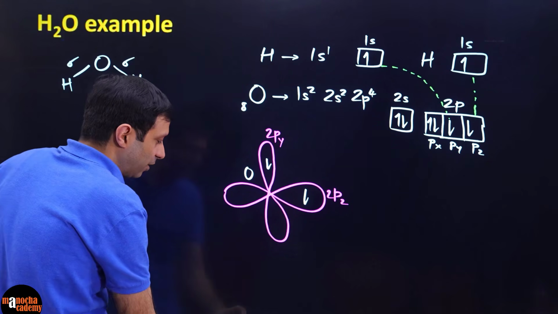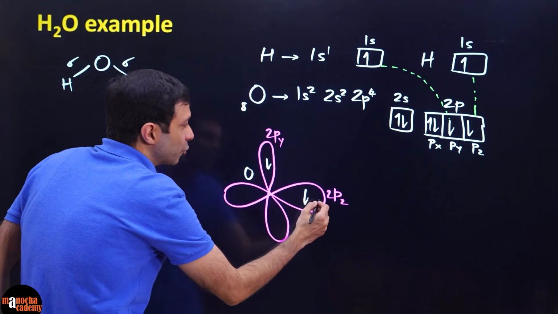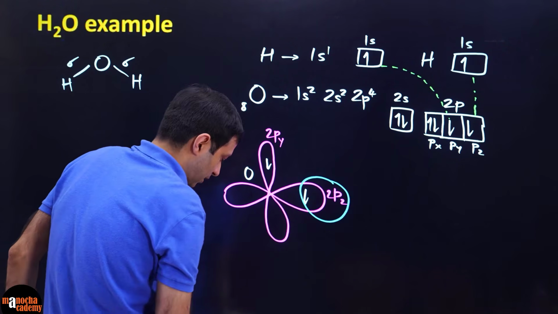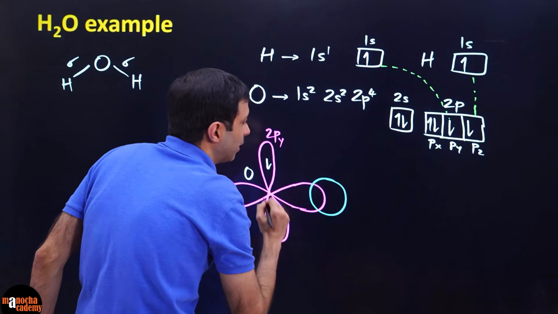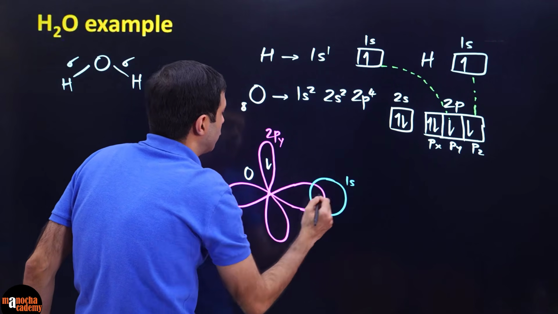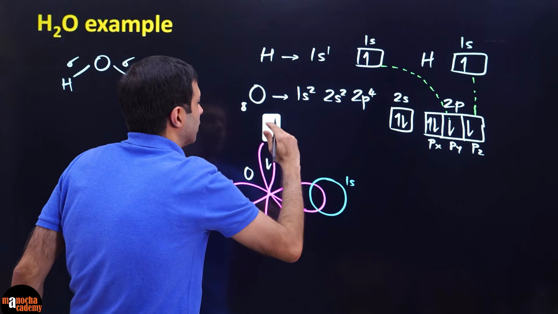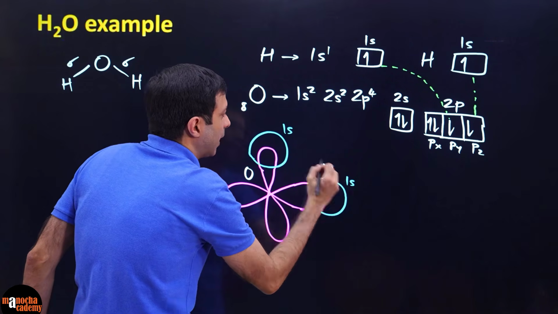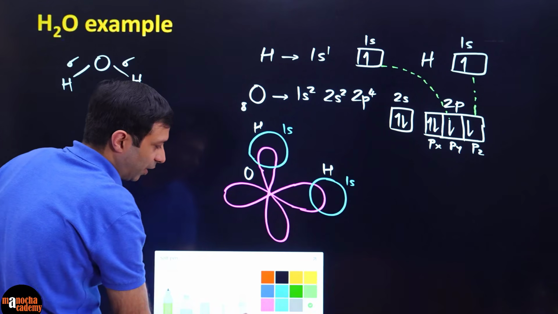So what will you do over here? 1s is spherical. So you're going to bring this spherical orbital here like this. We're going to overlap this with the 1s orbital of hydrogen, and another 1s over here. So these are the orbitals of the hydrogen atoms, and let's fill in the electrons now.